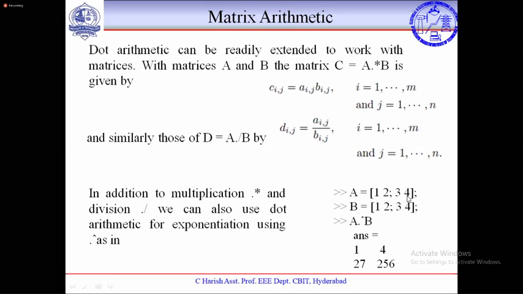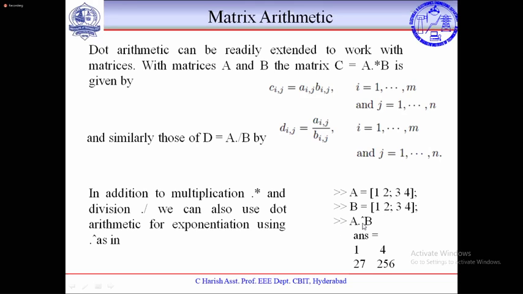Not only this arithmetic, we have a small example on division. A equal to 1 2 3 4, B equal to 1 2 3 4. A and B matrices are the same. When I write A dot power B, when you write this type of function, it works for each and every cell value. It will take element-wise, just like element-wise multiplication.